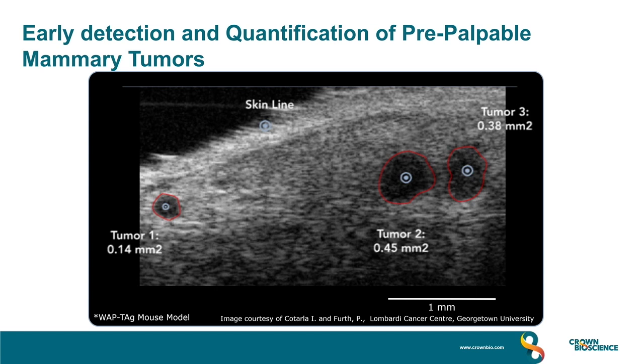Those mice were generated by expression of TAG. TAG overexpression is triggered by hormone stimulation, mostly during pregnancy. Following the treatment, most mice will develop tumors in about 8 to 9 months. But with ultrasound, this tumor can be detected much earlier. So if we want to do preventive treatment, this will be an extremely useful model.